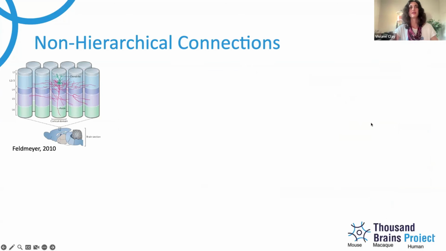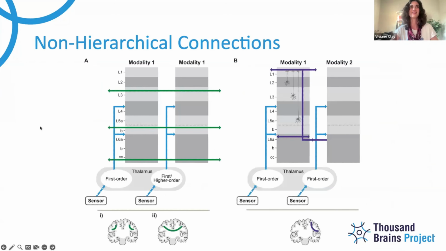Oh yeah, just to clarify, these are non-hierarchical connections because they can connect first-order regions between different modalities, which wouldn't be thought of as hierarchical connections. They can also connect columns within a modality and even connect columns between hemispheres of the brain, so very long range.